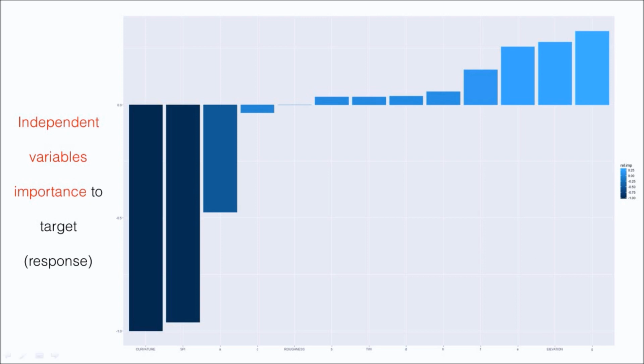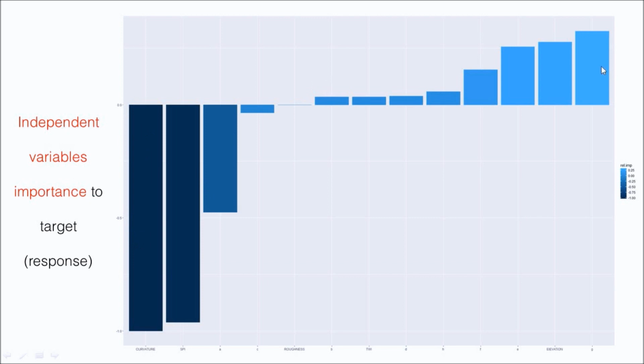So if you see here, for example, we have the elevation, it's coming in the positive, and the value is from 0. The colors, for example, this one is in the minus, and this is in the positive, and this is in the negative, sorry. So you can see here the maximum weight, and you can understand from the scale.